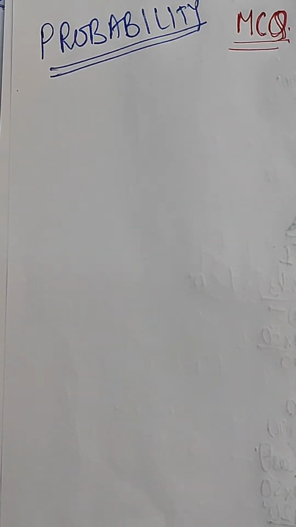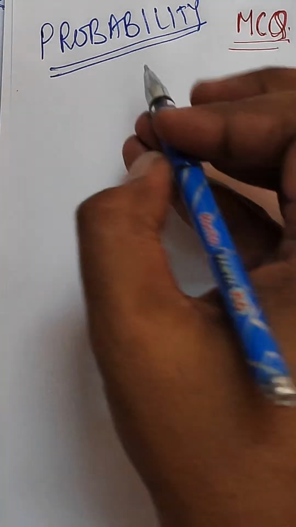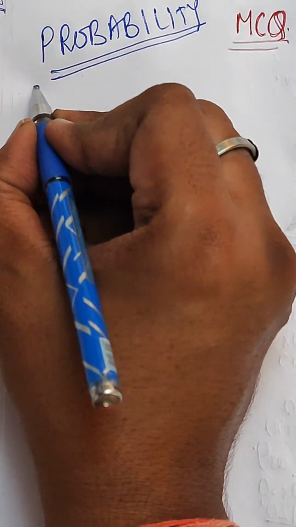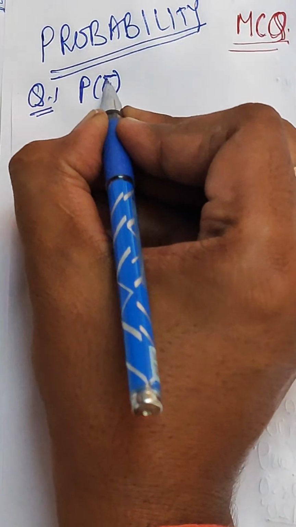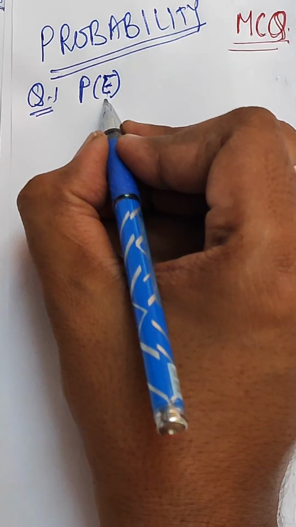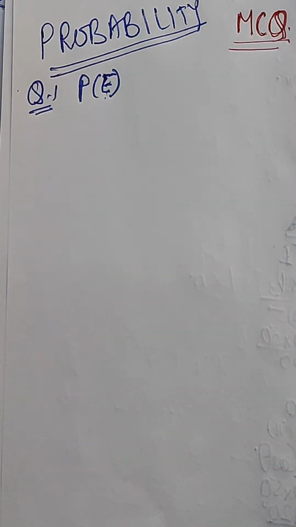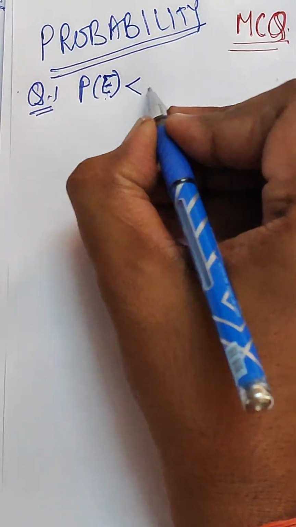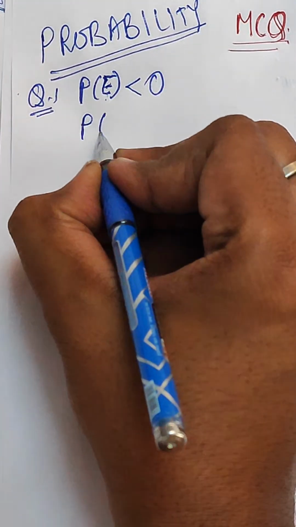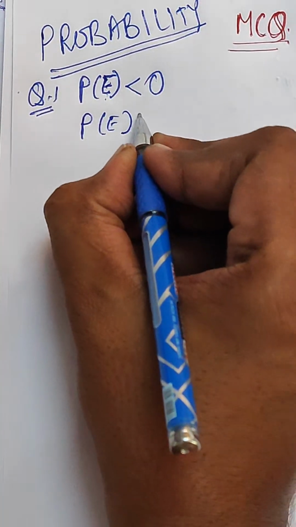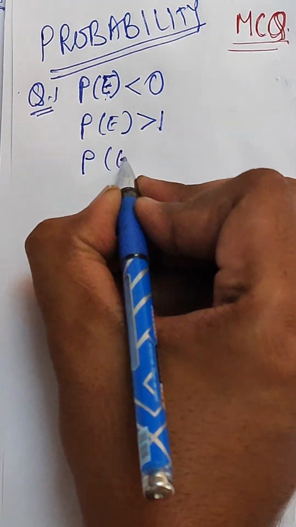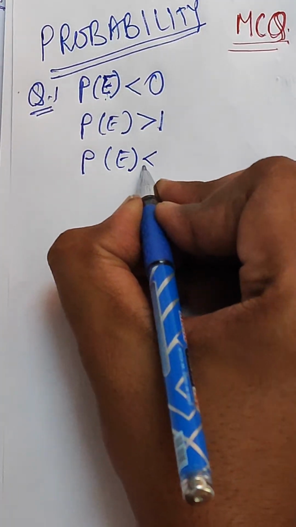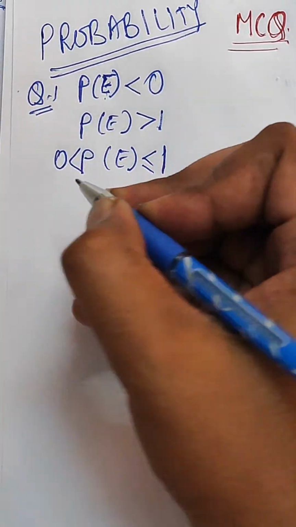Question number one is that if P of E is the degree of probability of the event E, E is mentioned for the event, right? Then the options are: P of E less than 0, P of E greater than 1, P of E less than or equal to 1 and greater than 0, right?